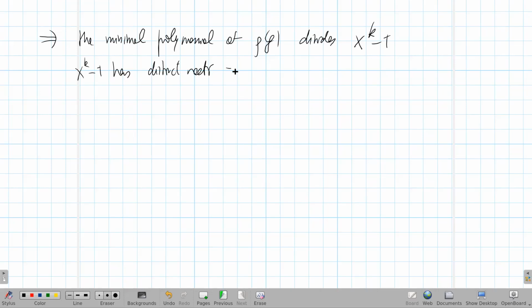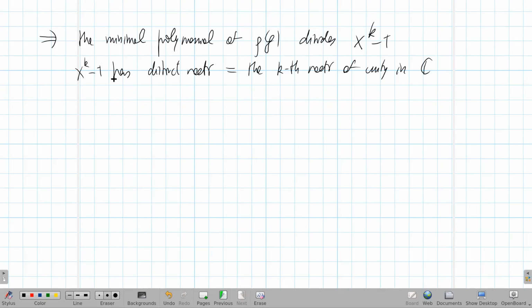Because these are the k-th roots of unity in C. And you see why C is important here, because if I were doing the same over R, for instance, it's still true, but I wouldn't have the roots in R. We'll see in a second. So it has distinct roots.